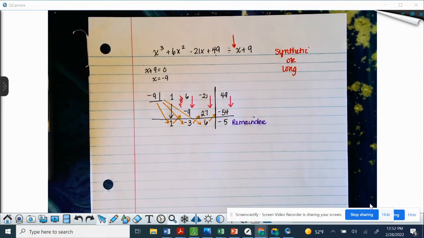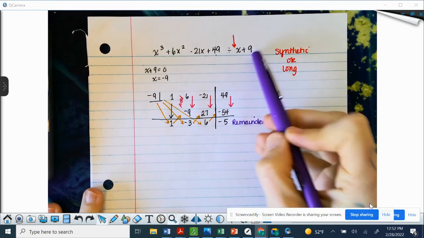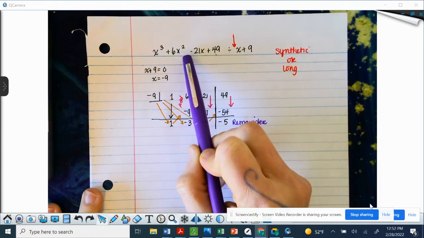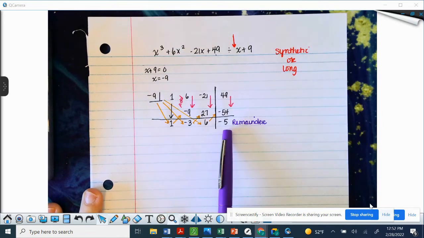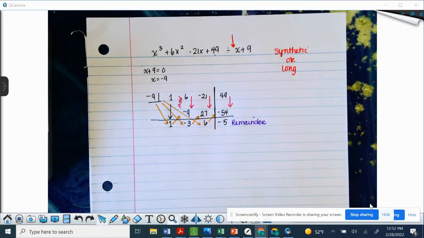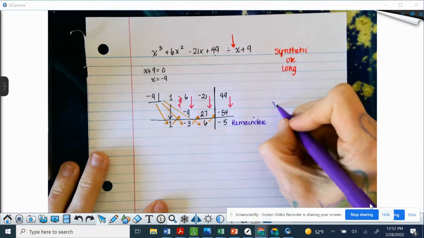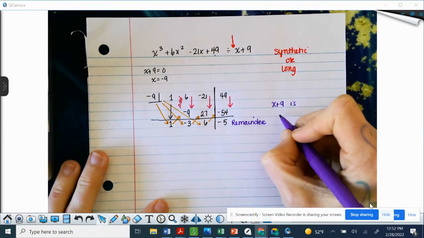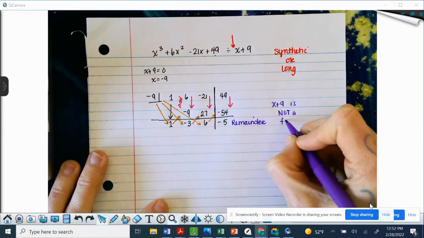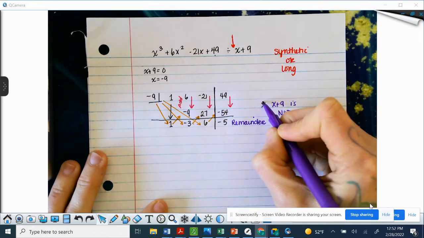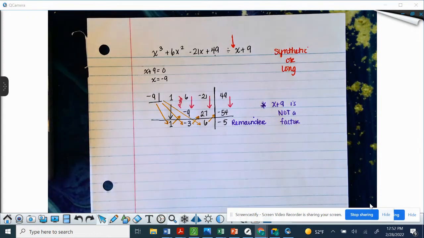If it was a factor, like going back to a quadratic with 2 binomials, super simple, where you either FOILed or used a box method, then it should give you no remainder, because it is a portion of something that should have multiplied together to give you this to begin with, if there was nothing left here. So since there is a remainder here, that means x plus 9 is not a factor of this polynomial. Okay, so as soon as you see a remainder, just think not a factor. Can't be divided evenly.